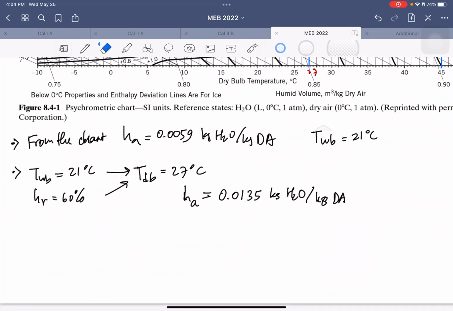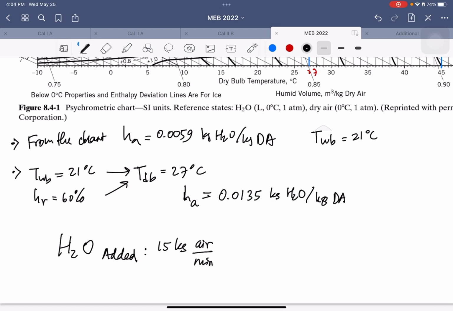So H2O, oh, sorry. This is 1.0059 kilogram air, from this plus one.